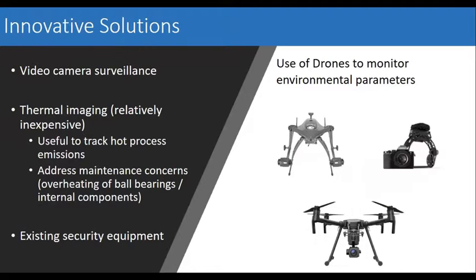And like I said, it can be used to track hot process emissions along ductwork to see if there are pin leaks or emissions escaping the ductwork before it gets to a control device, or if you have hot emissions that are supposed to be going into a collection hood, you should be able to see if some of them are actually going outside and escaping the hood.